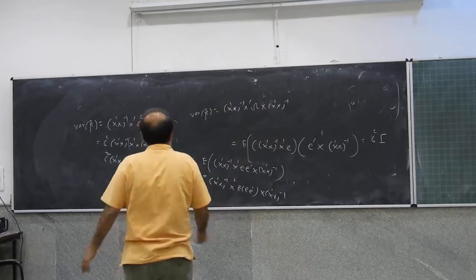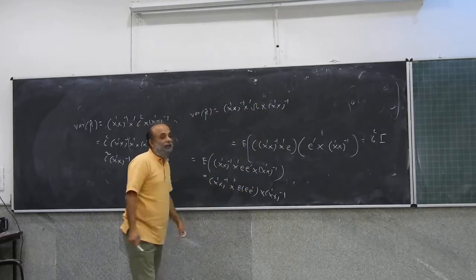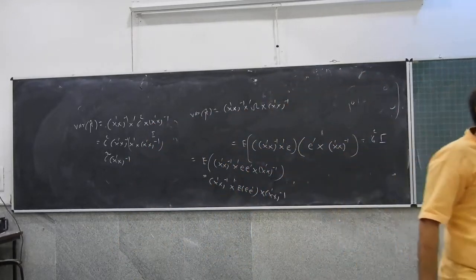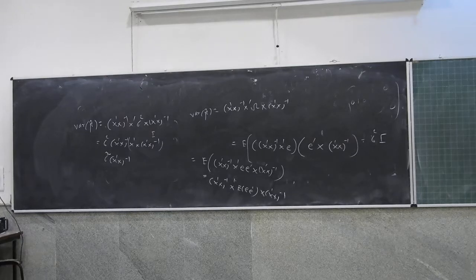If there is autocorrelation or heteroscedasticity, we do not get sigma square times the identity matrix, but some elements, sigma 1 square, and so on. Let me call that omega, and the expectation of E E dash will be replaced by that omega matrix.